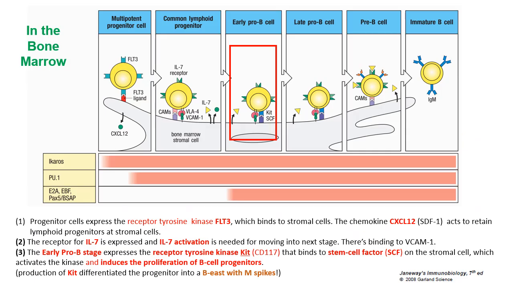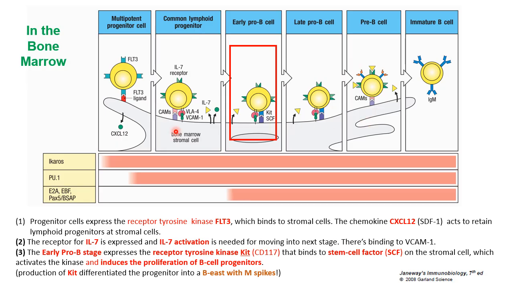All right, so let's see here in more detail what is happening with your B cell throughout the development, right? So remember, it is arising from this multipotent stem cell, and everything is happening here in the bone marrow. So you have this stromal cell that is like all over the bone marrow here, okay?